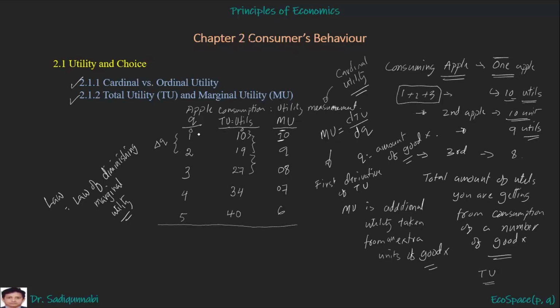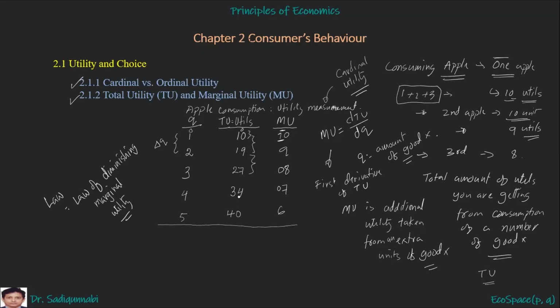As we increase the consumption of a good, suppose apple, the subsequent increment in the consumption of good X, the additional utility from taking that good is decreasing.